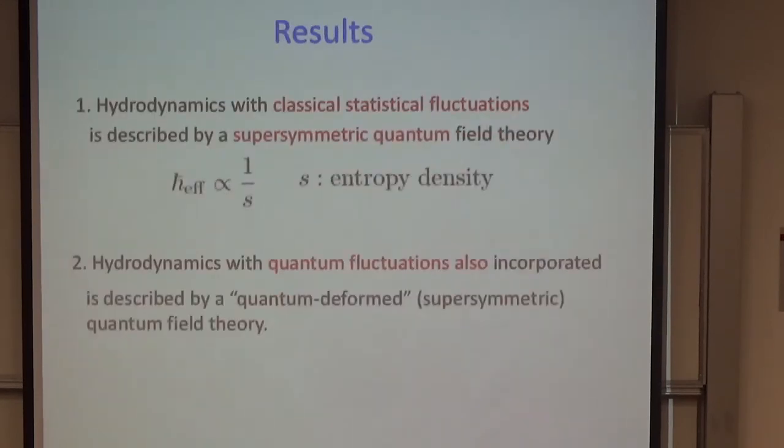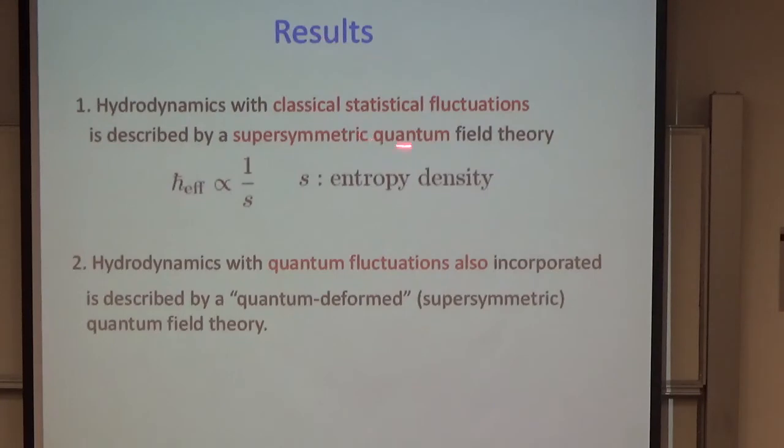So here I just tell you some smoking gun, and in the end what you find, some results, some slogan: hydrodynamics with classical statistical fluctuations is in the end described by a supersymmetric quantum field theory.